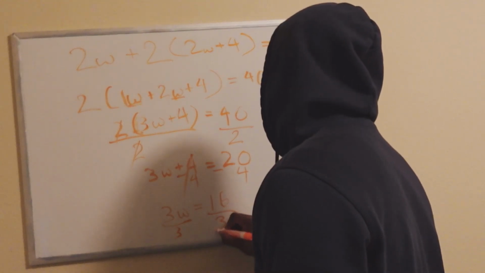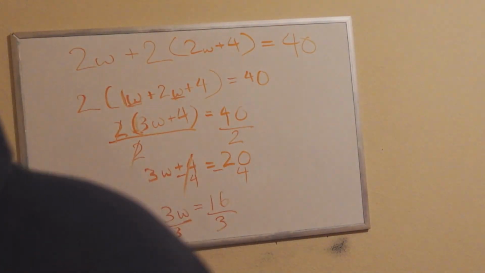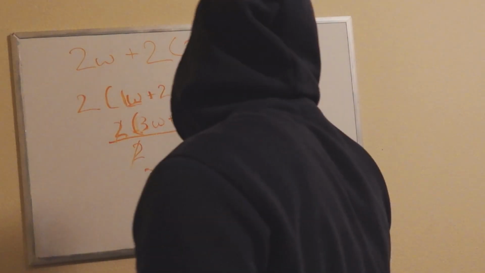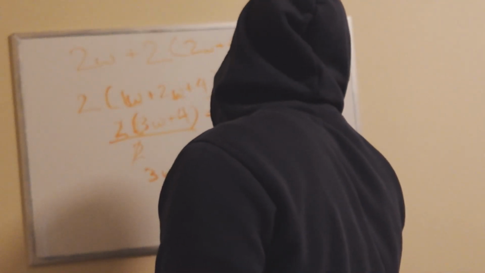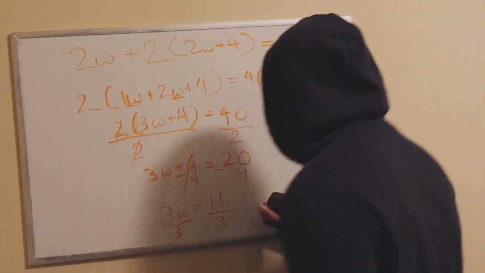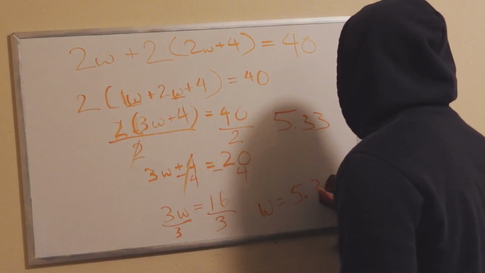So now we have 16 divided by 3. 16 divided by 3 gives us about, I want to say, let me use my calculator so I'm not lying to you, 5.33. So W equals 5.33.